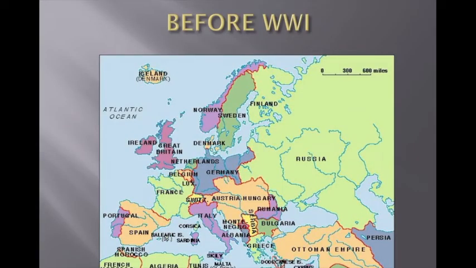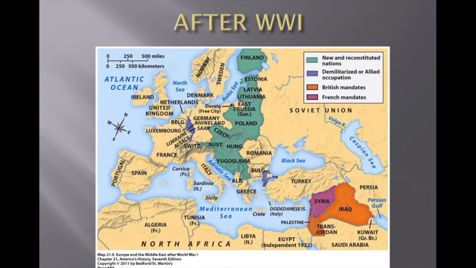This is what the world looked like before World War I. Britain supervised Iraq and Transjordan. France supervised Syria. And then you had reconstituted nations. Those are the ones in the green here.